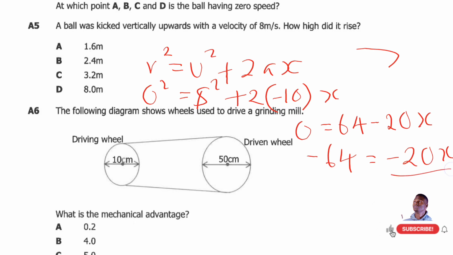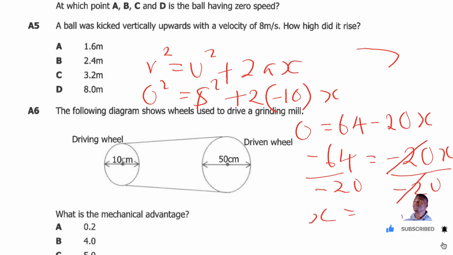We want to find x, so I'm going to divide both sides by negative 20. This and this cancel. x is equal to, negative and negative make positive. Then you just use a calculator here so that you don't waste time.